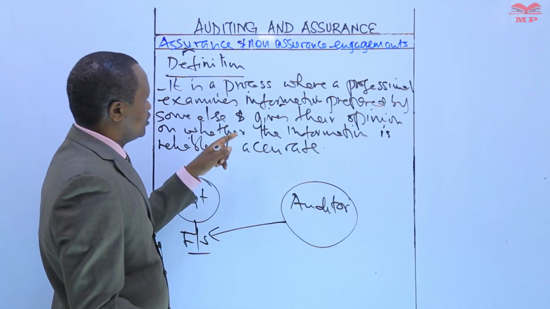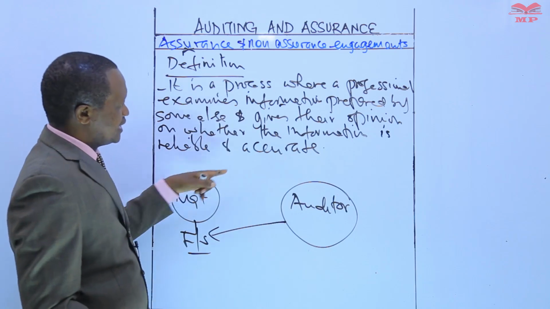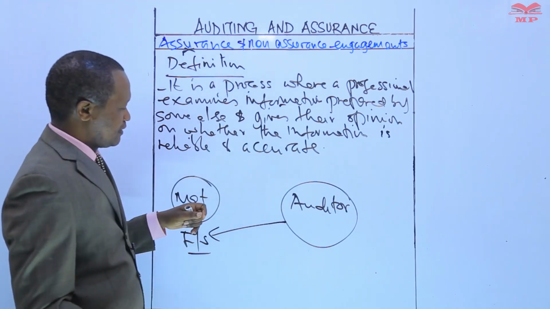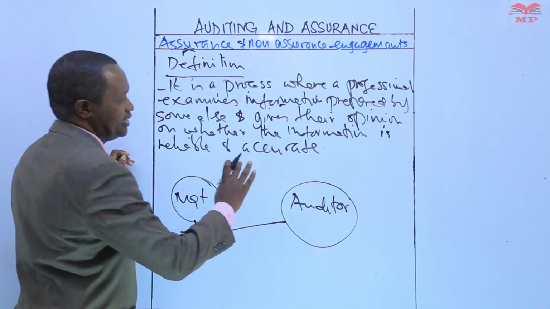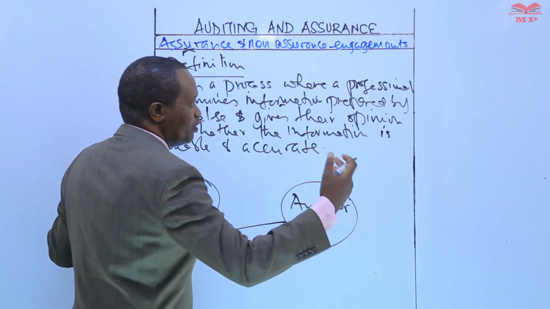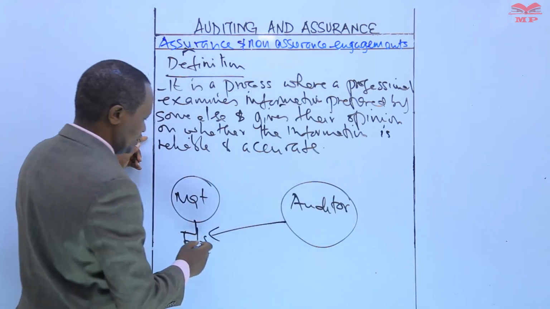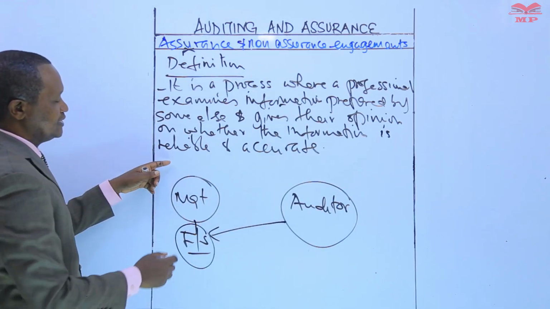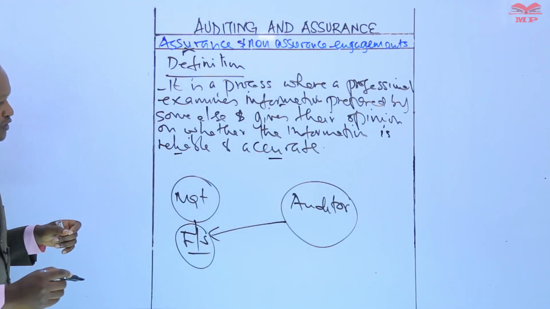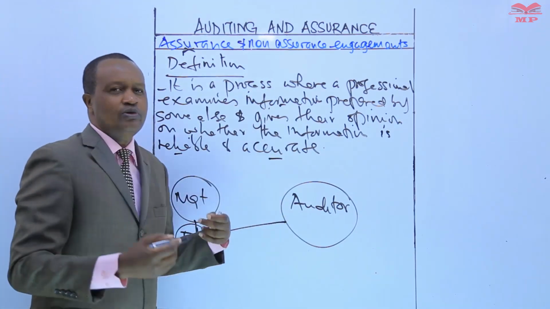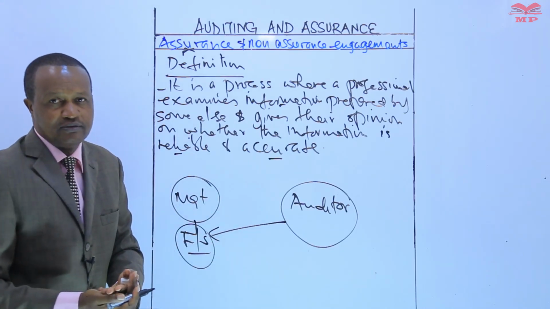So the auditor examines information prepared by someone else and gives the opinion. After examining the financial statements, the auditor gives an opinion on whether these financial statements are reliable and accurate. So an audit is an example of an assurance engagement.